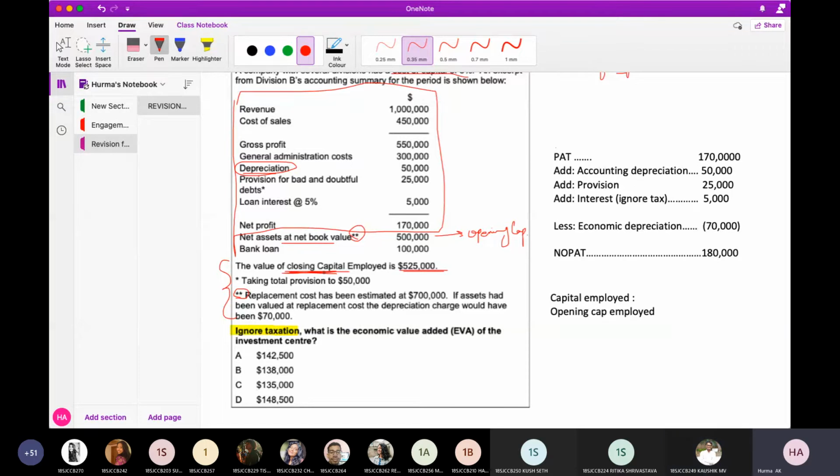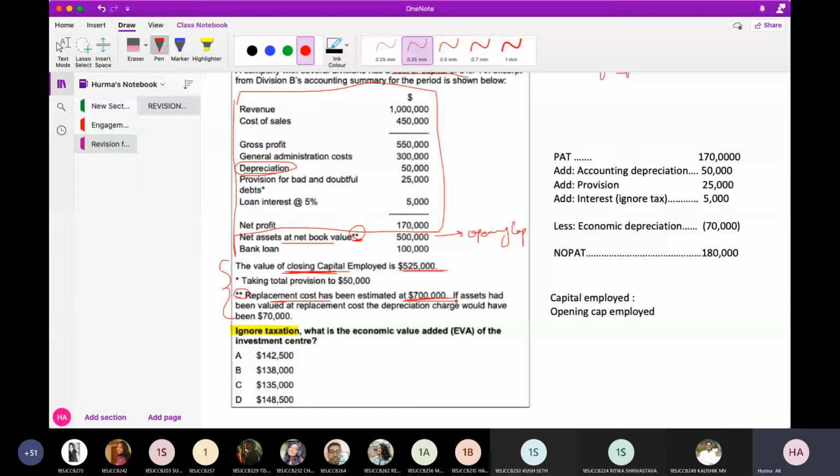Ma'am, but it says replacement cost, right? Yeah, so that's what I'm coming to. When they've told you that this is the opening value, 500, they've also put some star mark there and told you that there's a replacement cost which is estimated to be 700,000. Now, economic value added, again going back to its literal meaning. What does it mean?